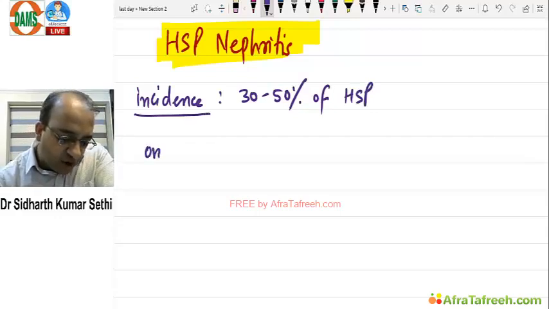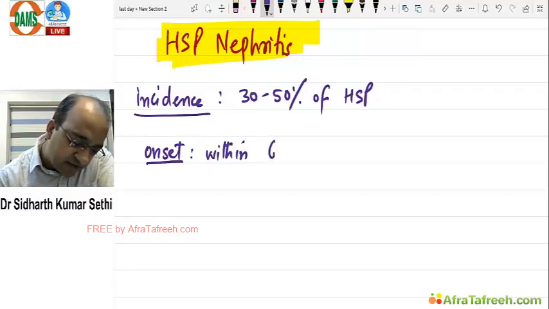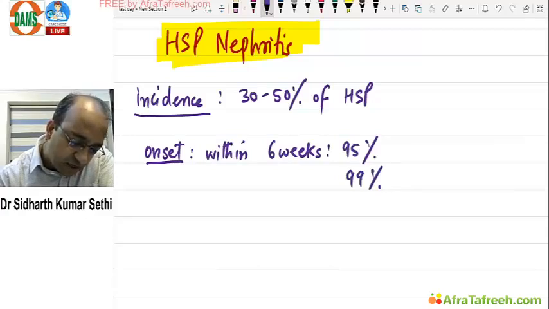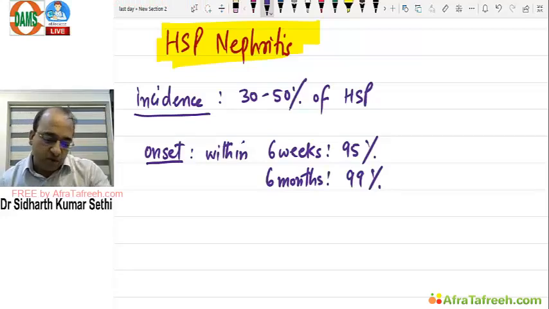And when do you get the onset of kidney involvement? It's usually within, I would say, 6 weeks of onset in 95% of children, and in 99% within 6 months. I'm a pediatrician and I'm also a nephrologist. So I examine the urine of these children.